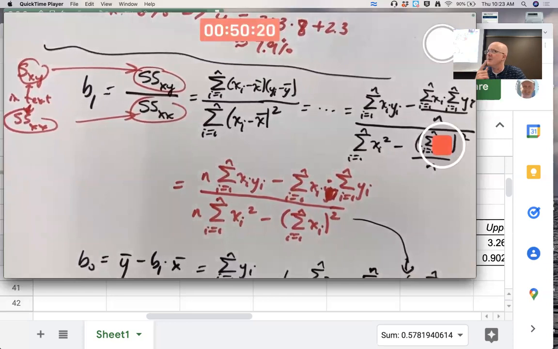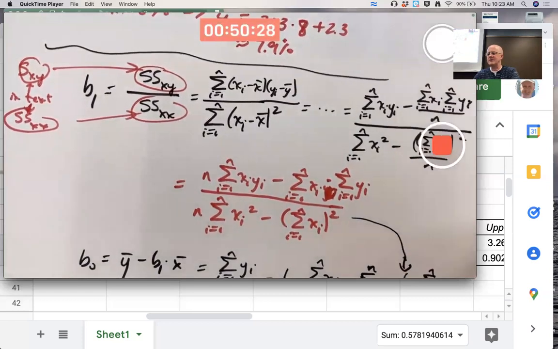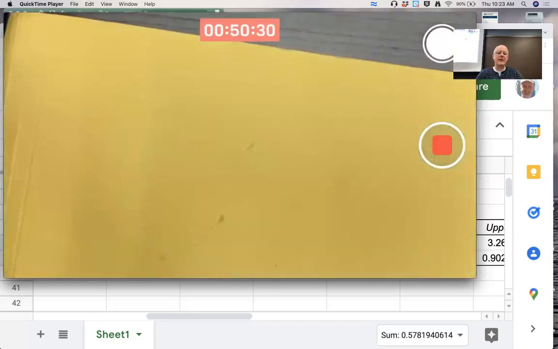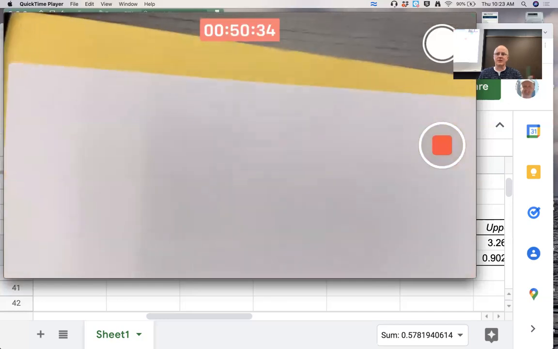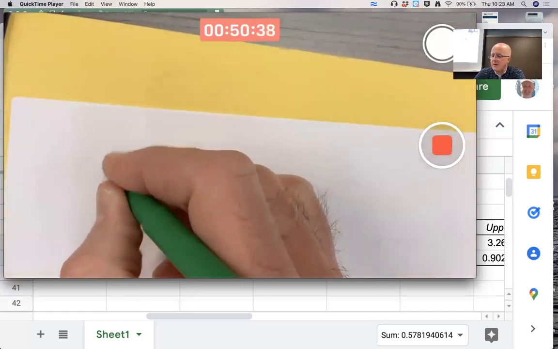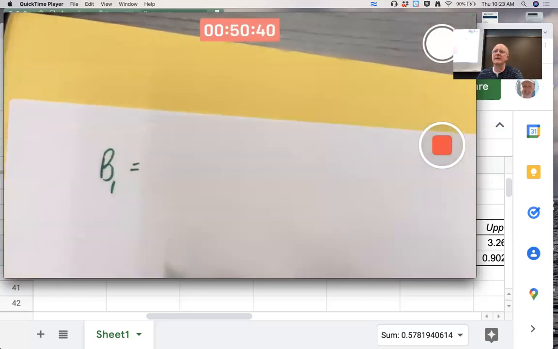Well, it's a little bit more subtle than that. B1 and B0 have distributions. They are random variables, and therefore, when you do the reading, you will also see capital letter versions of them. Capital B1 instead of lowercase b1. The formula is the same.